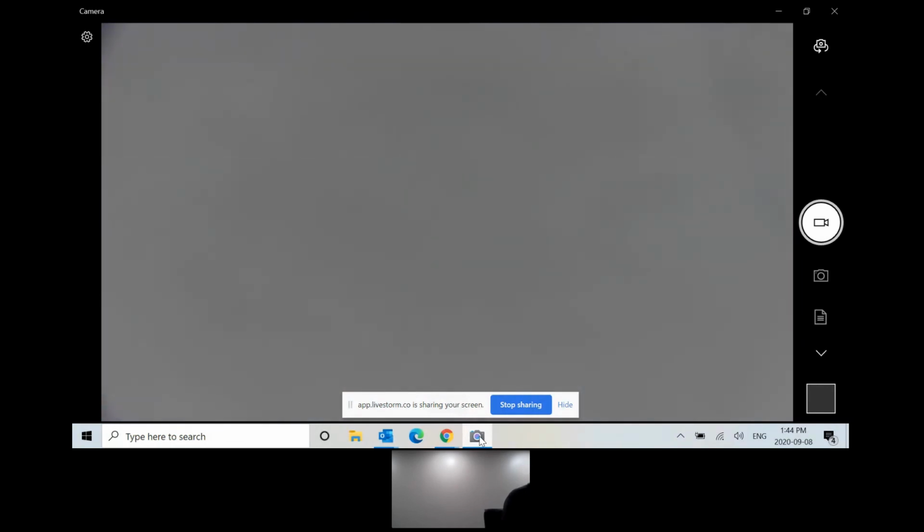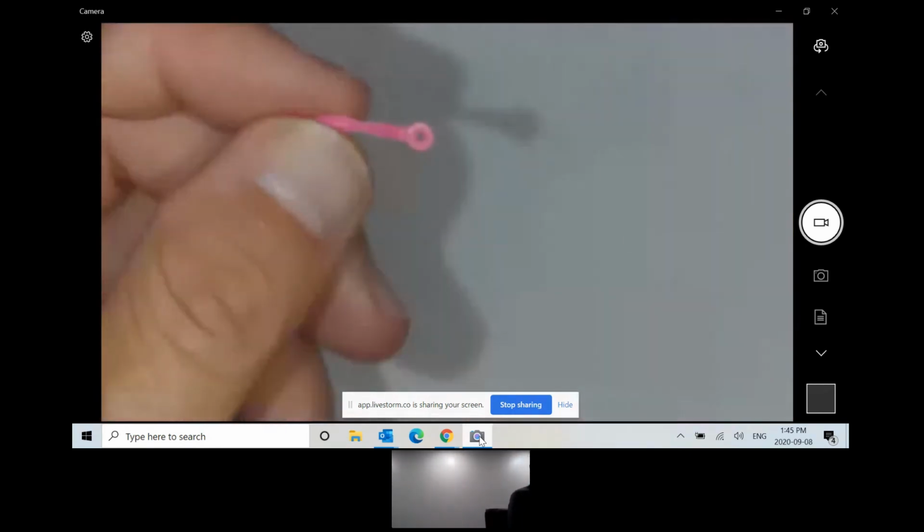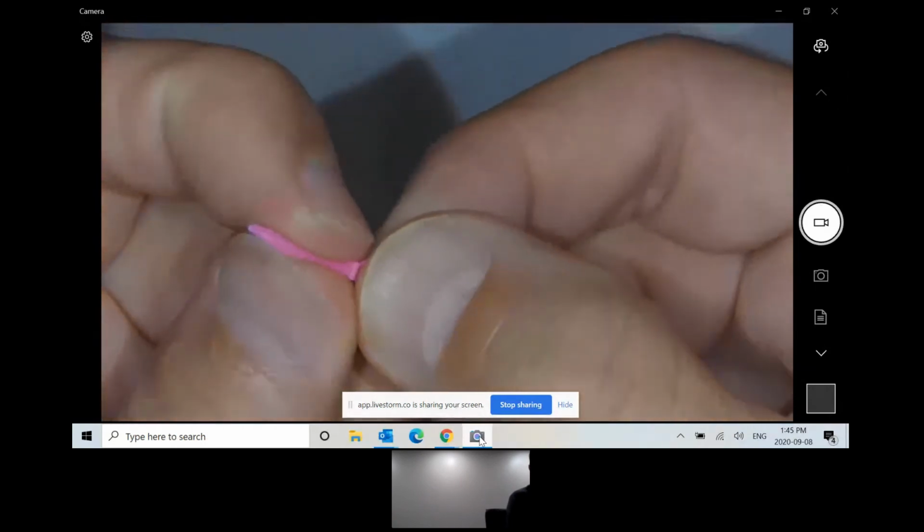Then in terms of the wedges, wait one second here. So this would be the Palodent wedge. It's not a bad wedge, but again, you see there's nothing here that's providing.